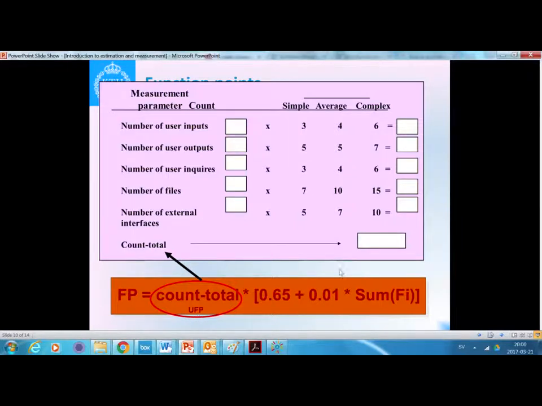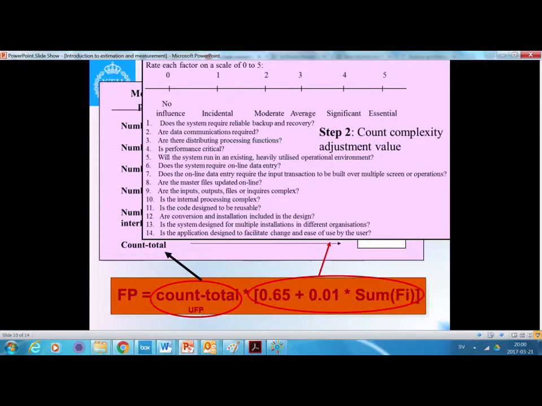But this is not enough, because there are many other parameters that must be considered. So let's look at the rest of the formula. We simply have to consider different factors, which we evaluate on a scale between 0 and 5. 0 means that this factor is not relevant, and 5 means that it is highly relevant.